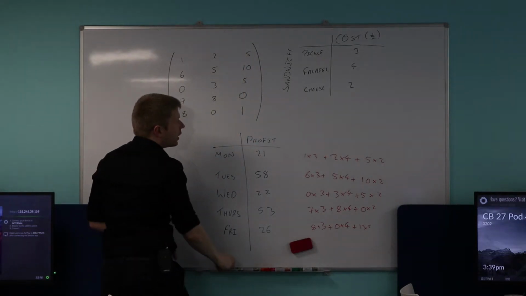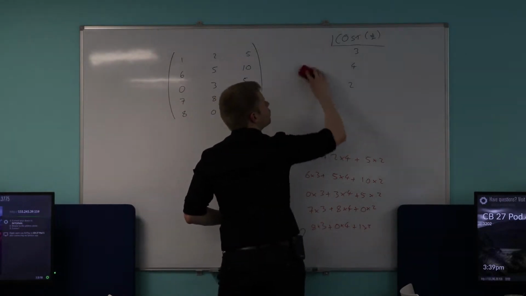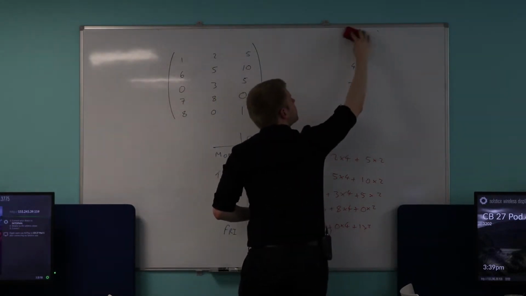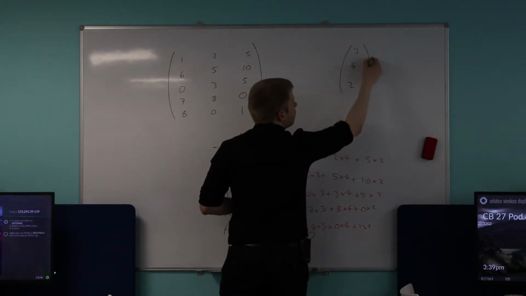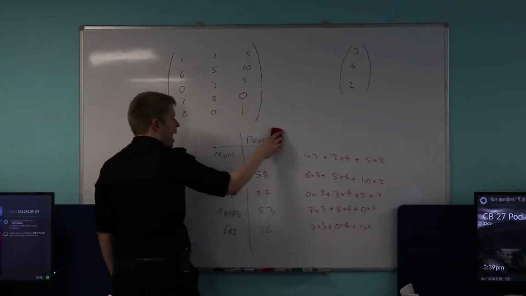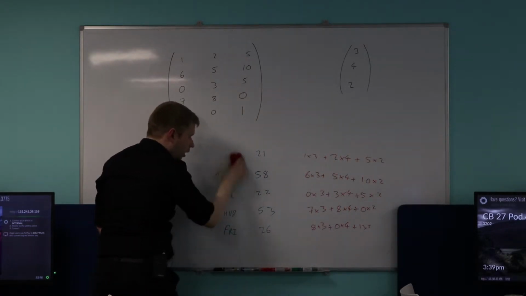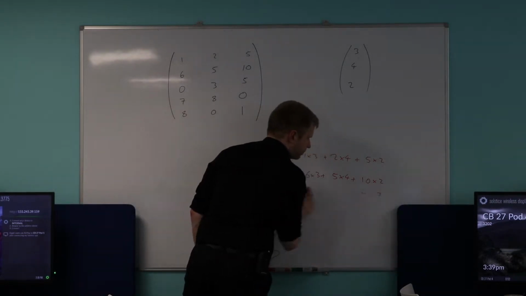And I gave you this as another table of numbers, another matrix. My question is, what would I have to do in order to get this last matrix here? Again, I'm just removing all of the context.